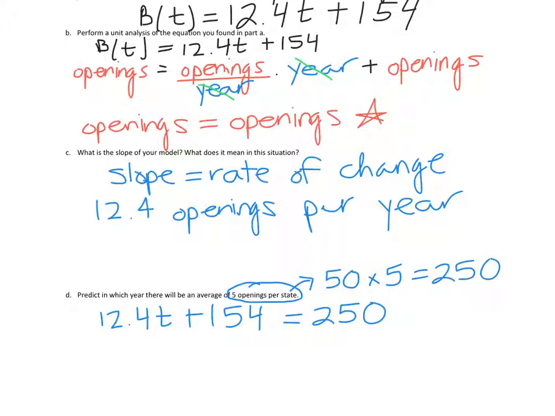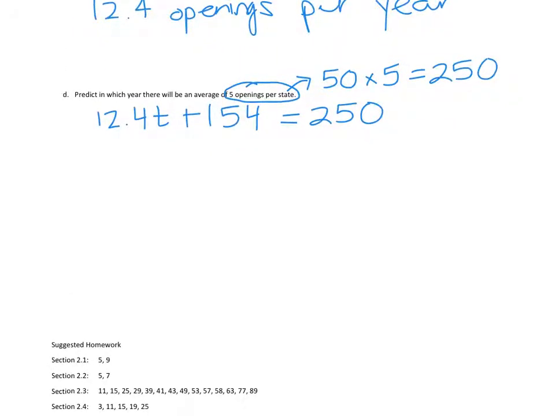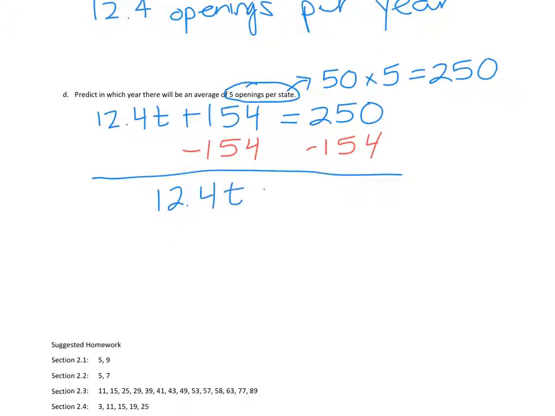All right, so we're going to solve this linear equation for T. So we're going to subtract the 154. And then divide out by the coefficient.